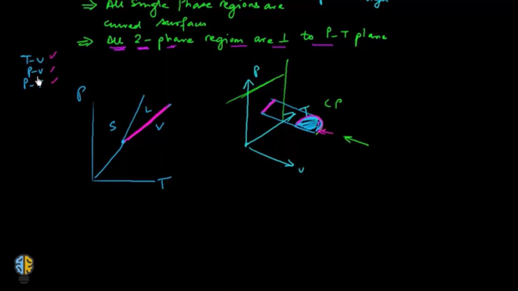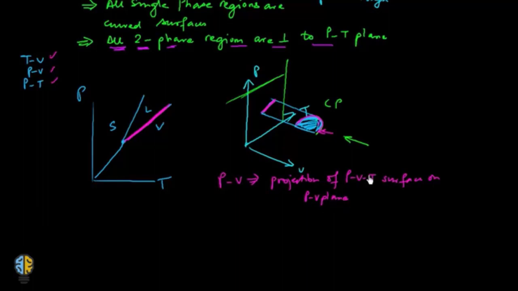For example, the PV diagram is a projection of the PVT surface on the PV plane. So I'll just write it down: this is the projection of the pressure, volume, temperature surface on the PV plane.